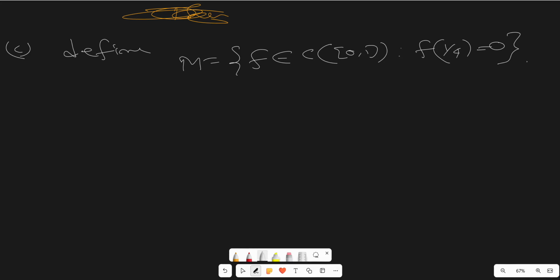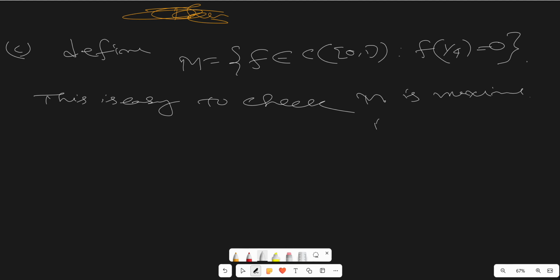Okay, so this is easy to check. M is maximal in C01.